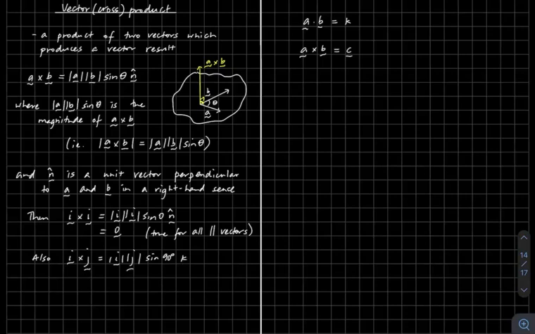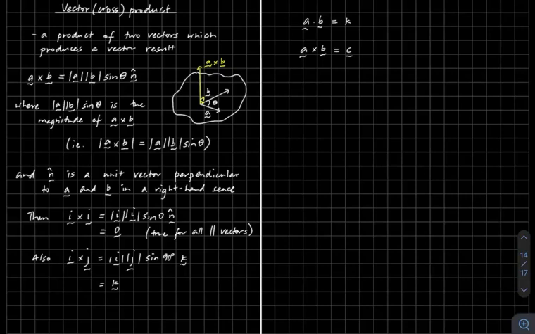In fact, that is the vector k, isn't it? Because the z-axis is perpendicular to the x and y axes in a right-hand sense, and k is a unit vector. Each of these has a magnitude of 1, and sine 90 is equal to 1, so it's 1 times 1 times 1 times k, so it's just equal to k.